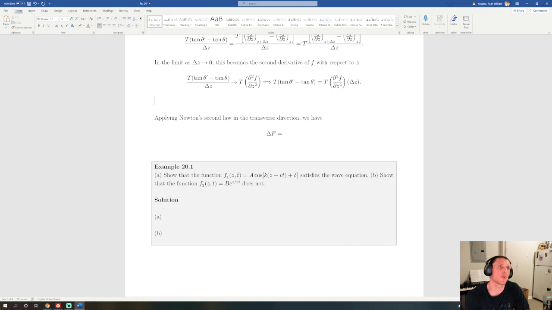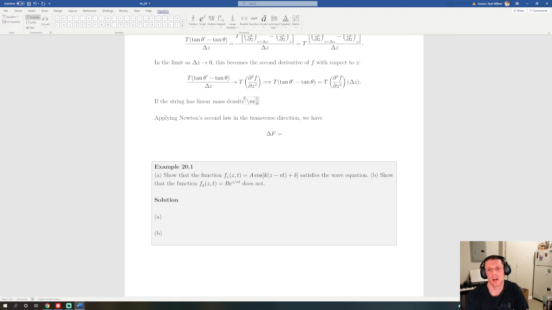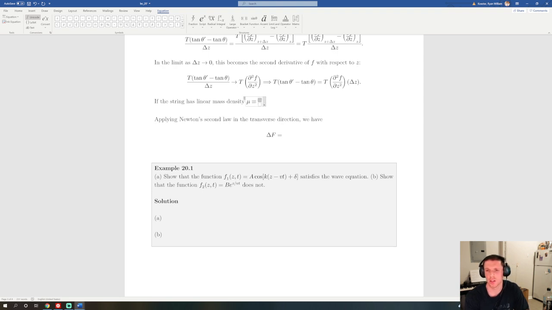It probably won't be clear why I'm doing this now, but later it will become very clear. So let's just do a little sidebar here and say, if the string has linear mass density, mu, and remember that this is defined to be, I think I used a different symbol last time we talked about this, but I'm going to call it mu now because I think that's the canonical choice here. Remember, the linear mass density is just the total mass over the length, right?